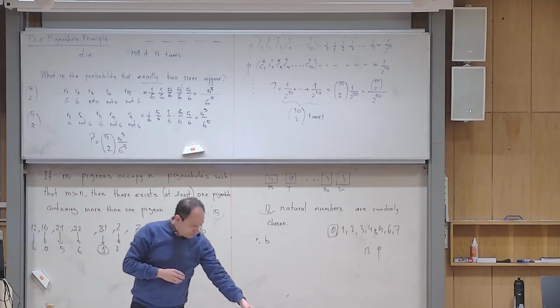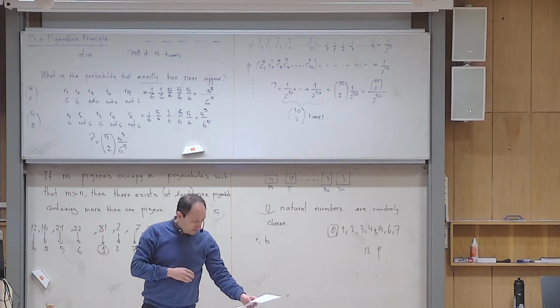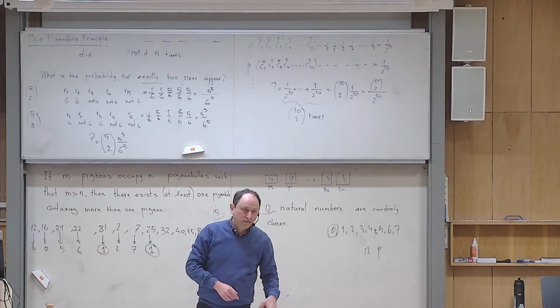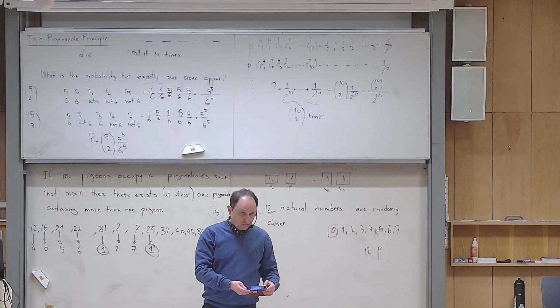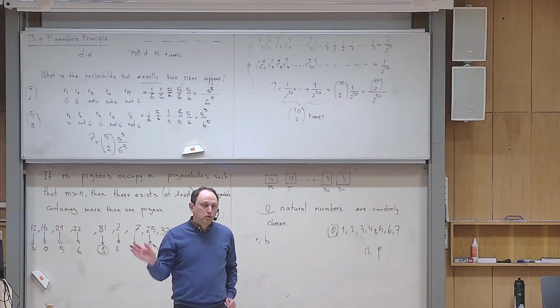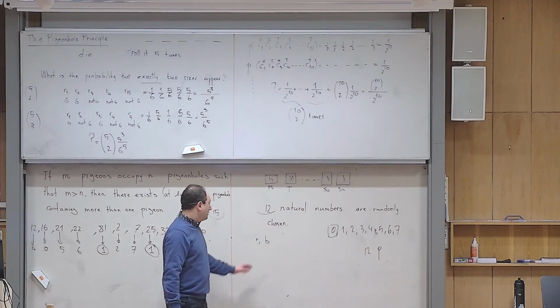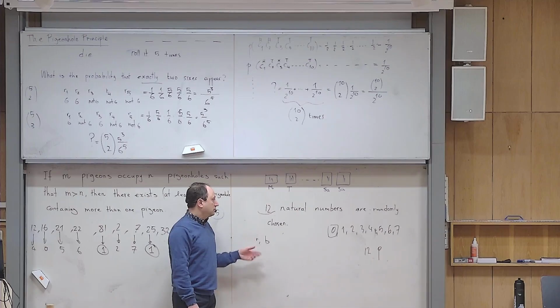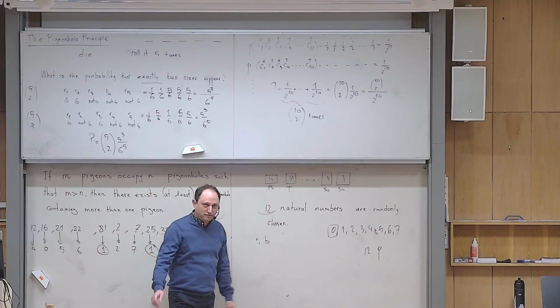Okay, let me see if I did it right. Show that there are 2 points of the same color at distance 1 meter from each other. Yes. So, can you choose the distance of the points? You just randomly, I don't know what they do. Assume that there are people, one having red color in hand, one having blue color in hand, and they are just putting dots on the plane randomly.